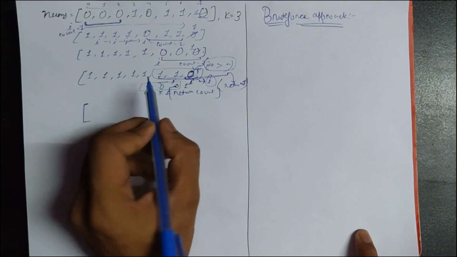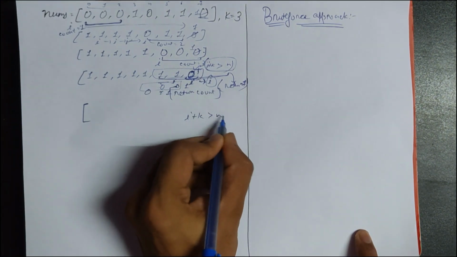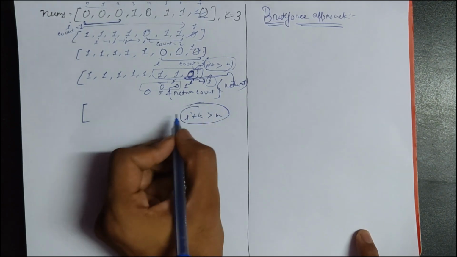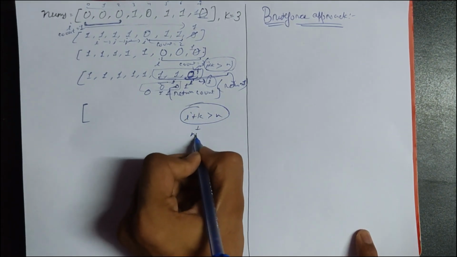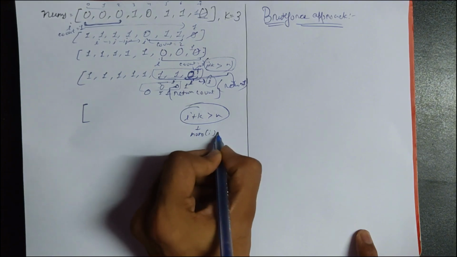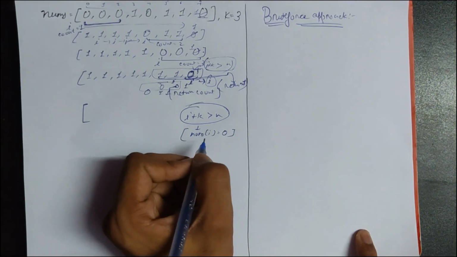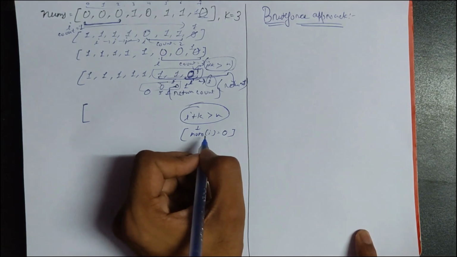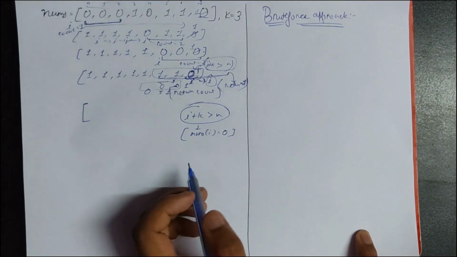So if at any point we encounter I plus k greater than n and we have to swap the values and we found nums of I is 0, in this case we will simply return -1.